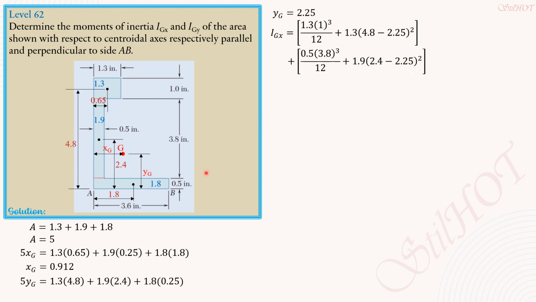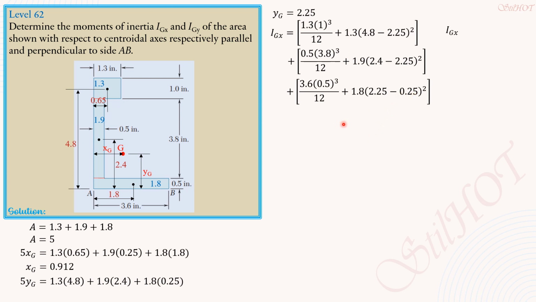Then plus, for area 3, moment of inertia with respect to the centroidal axis is 3.6 times 0.5 cubed over 12 plus area 1.8 times distance yg minus 0.25, quantity squared. This is the centroid, so this distance is yg minus this distance 0.25, quantity squared.